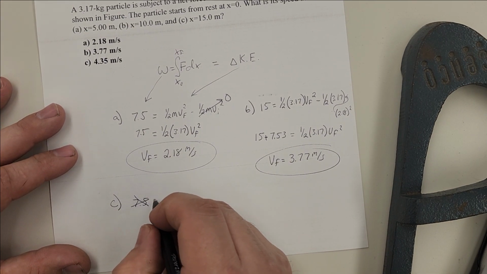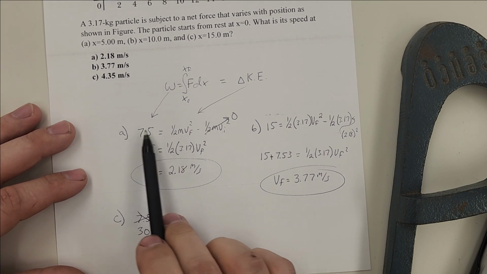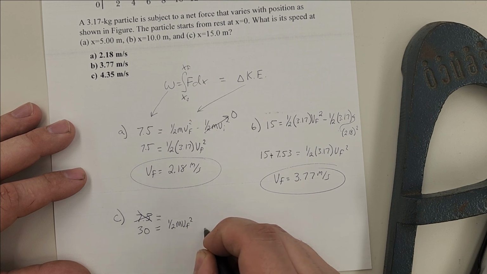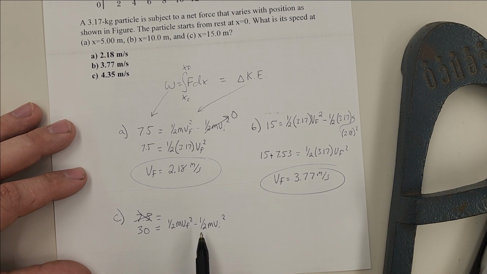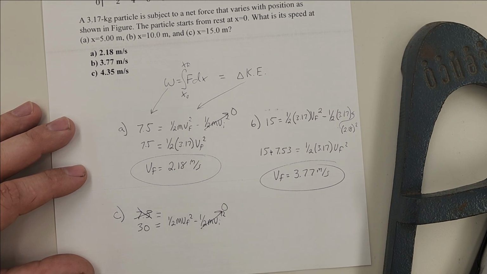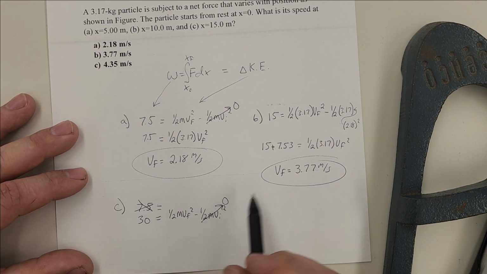If I put the work as 30, then I would set it up to the exact same thing, 1/2 mv final squared minus 1/2 mv initial squared. But because I took in the entire work, it starts at 0, so I can get rid of that initial term.